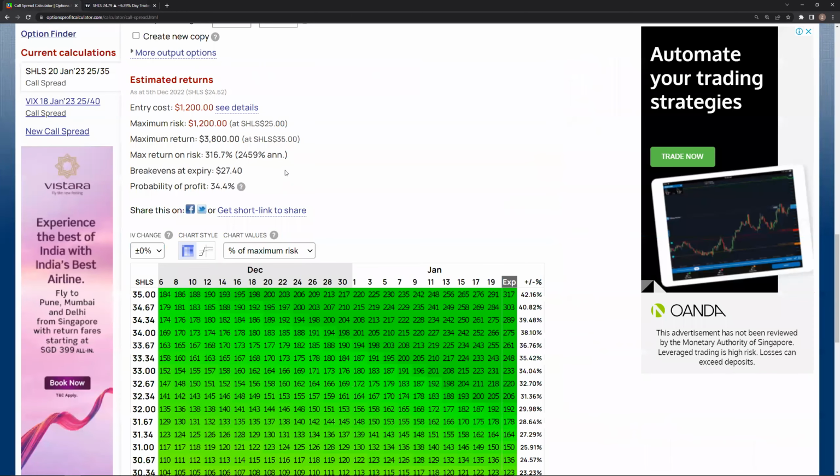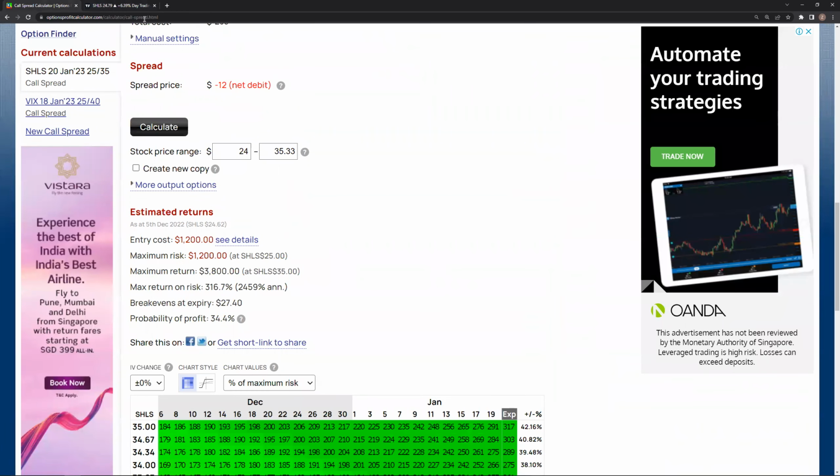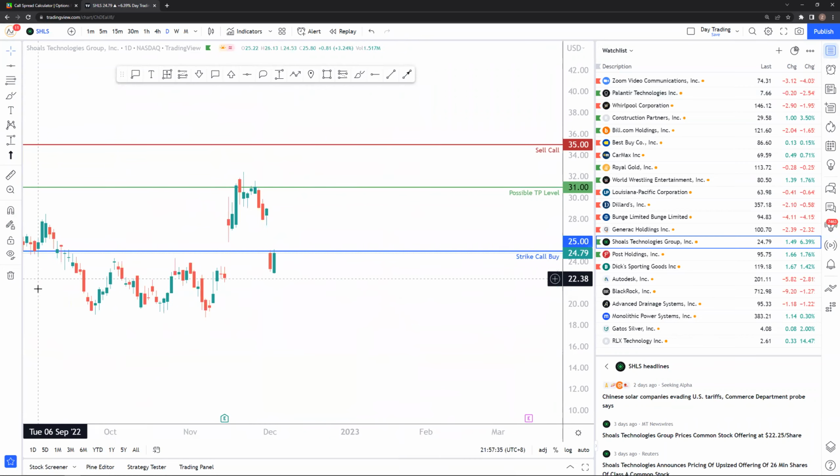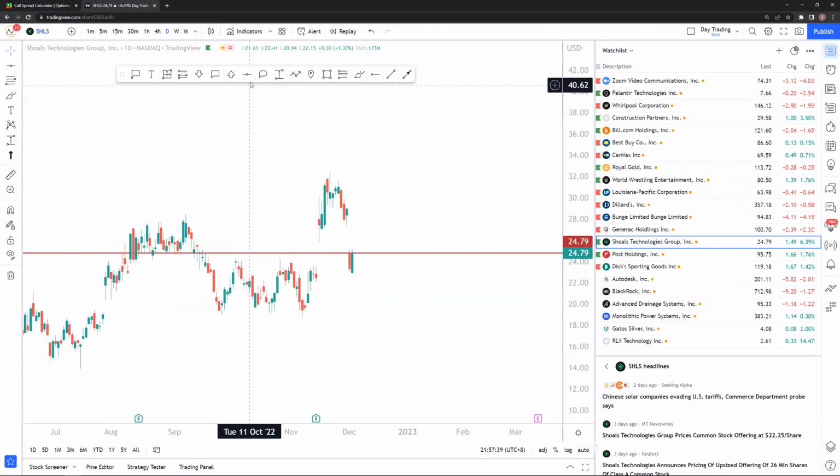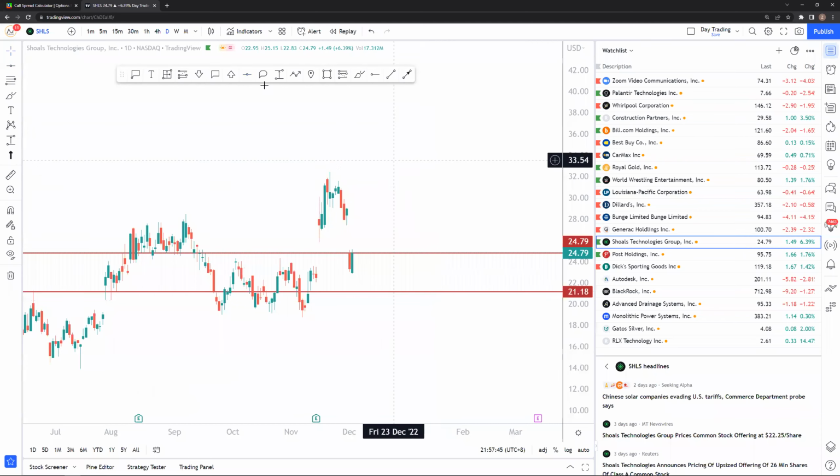Sometimes it is not always good to use a strategy. Don't blindly use it. For example, in this case, what if I buy here and put my stop loss at 21, and let's say my target is 31?